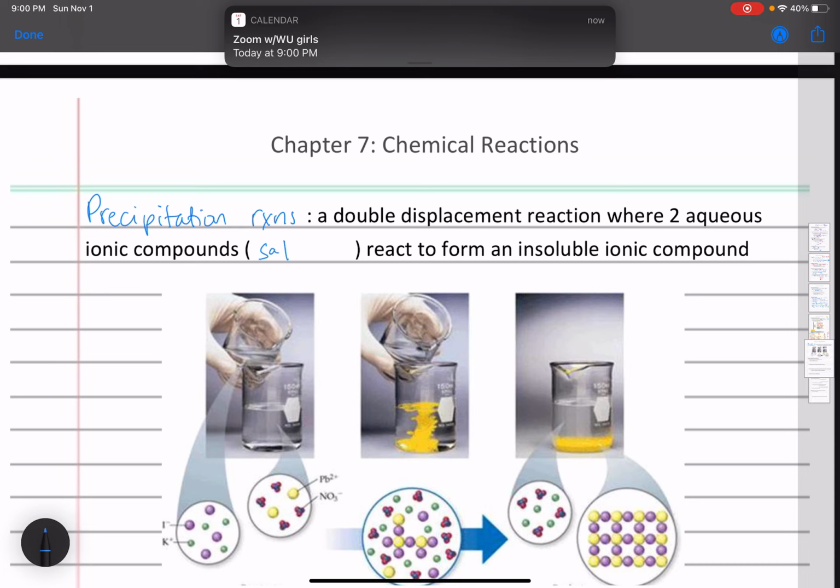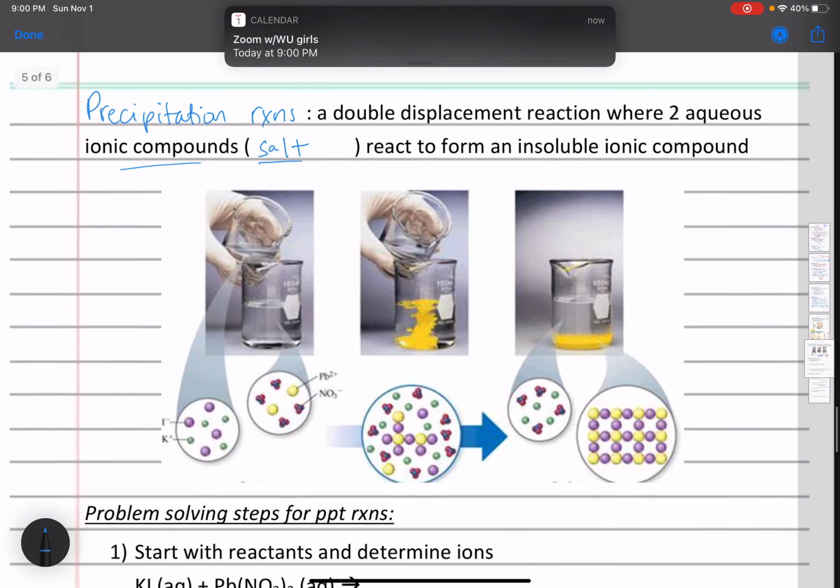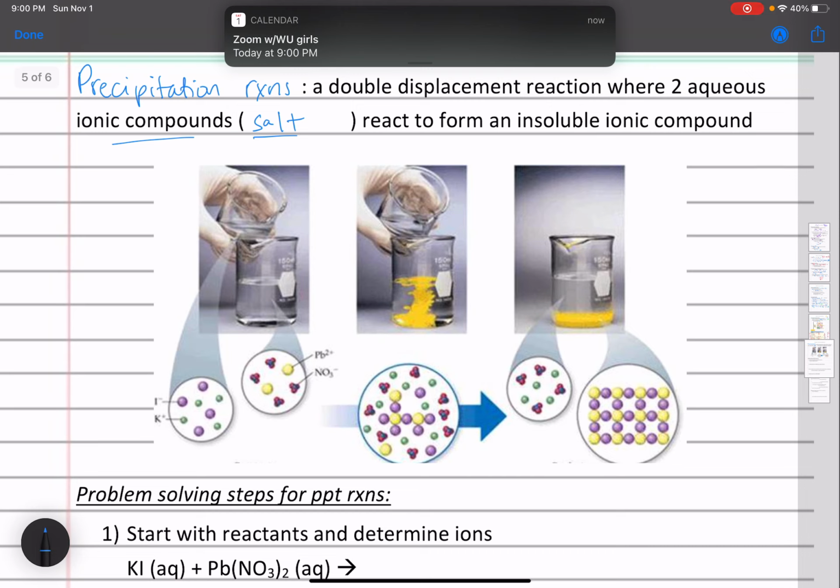And remember, an ionic compound is a salt. So sodium chloride is not the only salt. Any ionic compound is a salt, and I will use those terms interchangeably. So we have two aqueous salts that can react to form an insoluble salt.